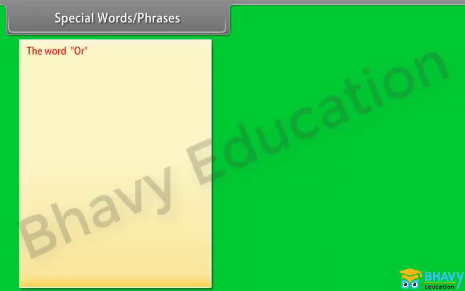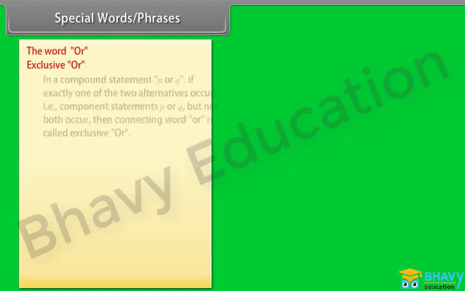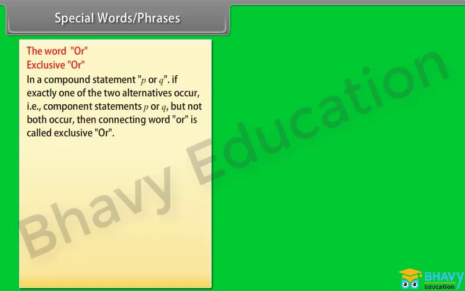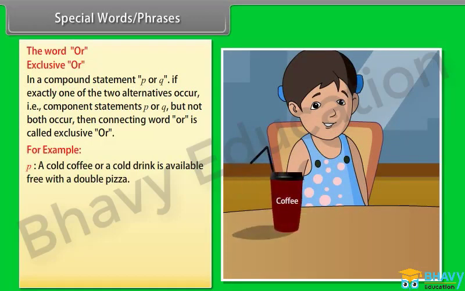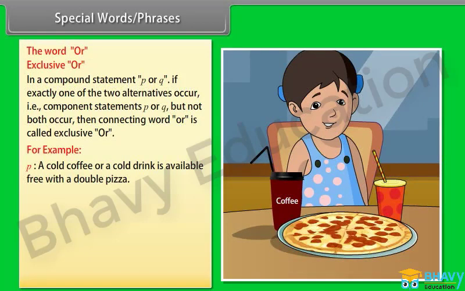The word or. Exclusive or. In a compound statement, P or Q, if exactly one of the two alternatives occurs, that is component statements P or Q, but not both occur, then the connecting word or is called exclusive or. For example, P is a statement that a cold coffee or a cold drink is available free with a double pizza.